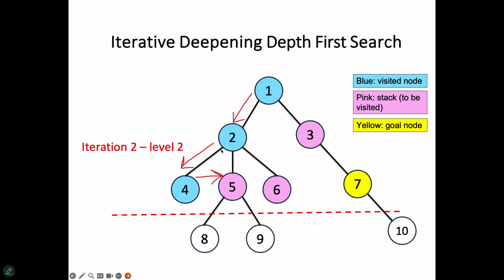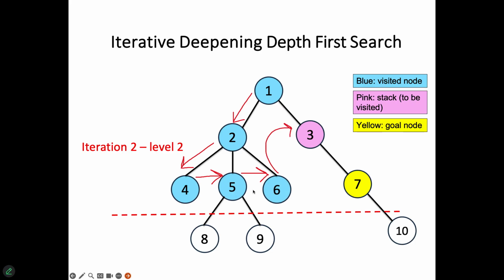So I want to show it again to you. If it was regular DFS, depth-first search, where would you go here? You could have gone to 8 and 9, right? But now you don't go, because you have this limit at iteration 2 that you cannot go any deeper. So you stay here, you mark 5 as visited, then visit 6, then backtrack again.